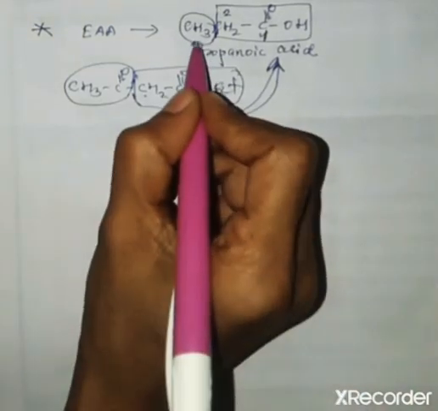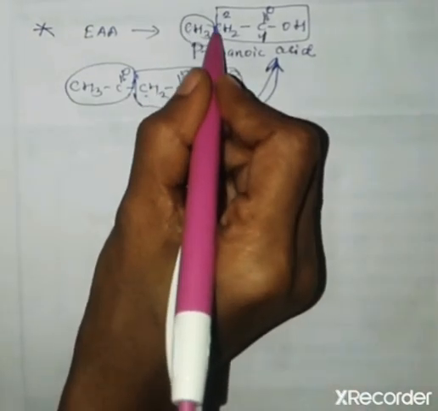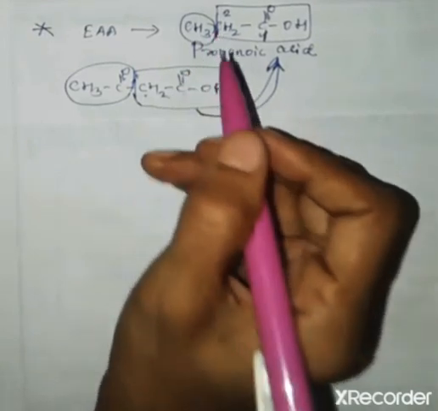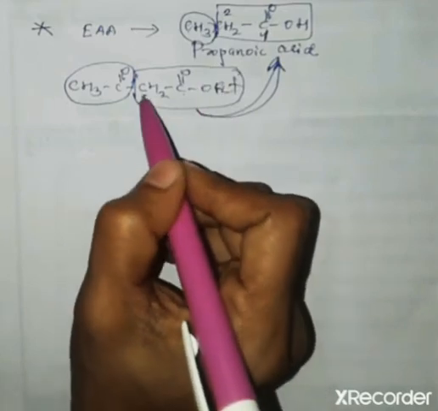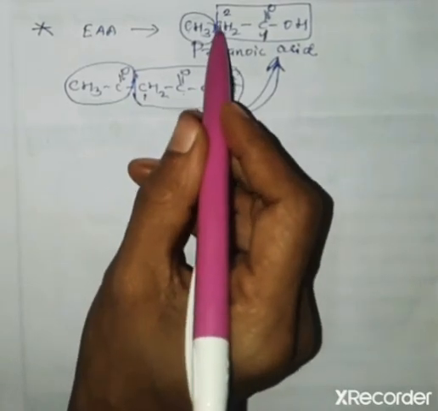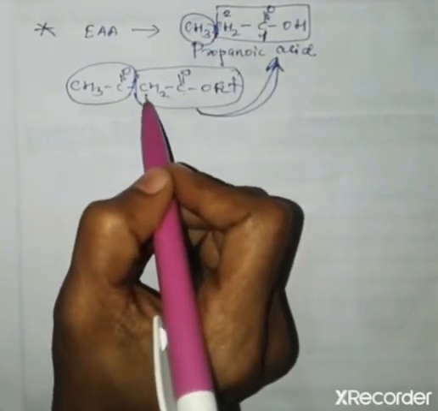So this carbon atom is bonded to the alpha carbon, that is the methylene carbon, and first we want to react it with the methylene carbon.